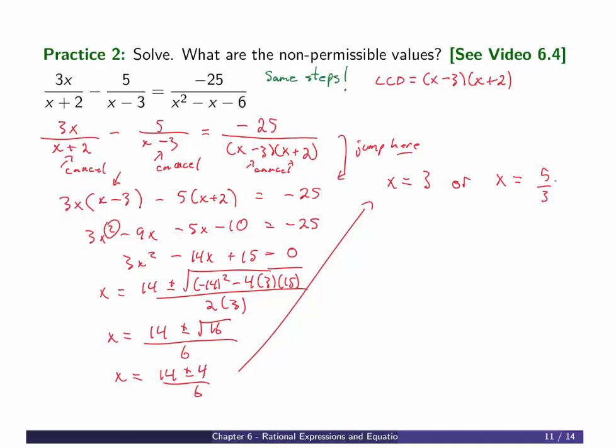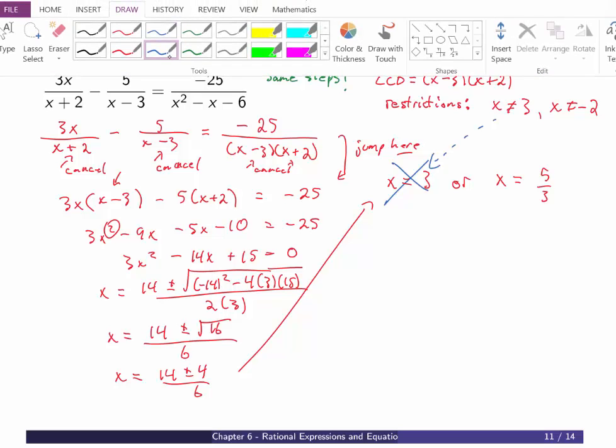Now, what you're going to do before you check both of them, because that could be a long procedure, let's just take a look at our restrictions, or our non-permissible values, which is x cannot be 3, x cannot be negative 2. So you have just eliminated that right from looking at your non-permissible values.